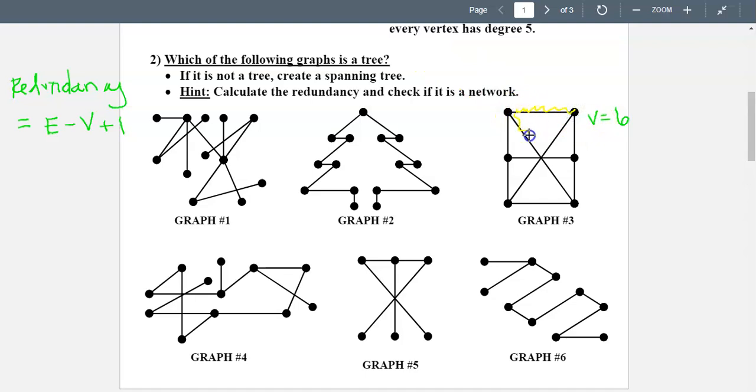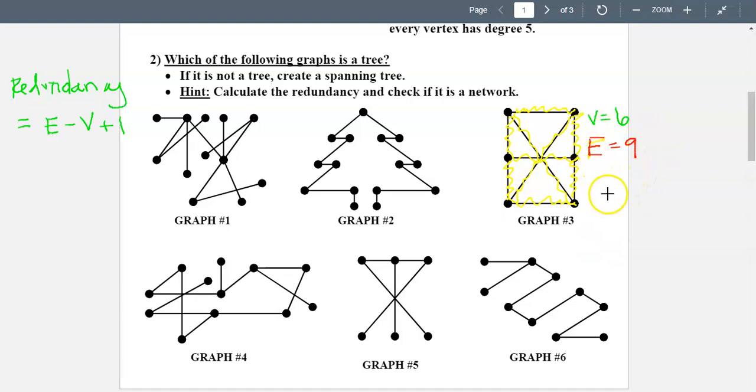You've got 1 edge, 2, 3, 4, 5, 6, 7, 8, 9. So I won't write it in yellow. For edges, you've got 9 edges. So you'll see we obviously know that graph number 3 is not a spanning tree because it does not follow our one-off ratio.